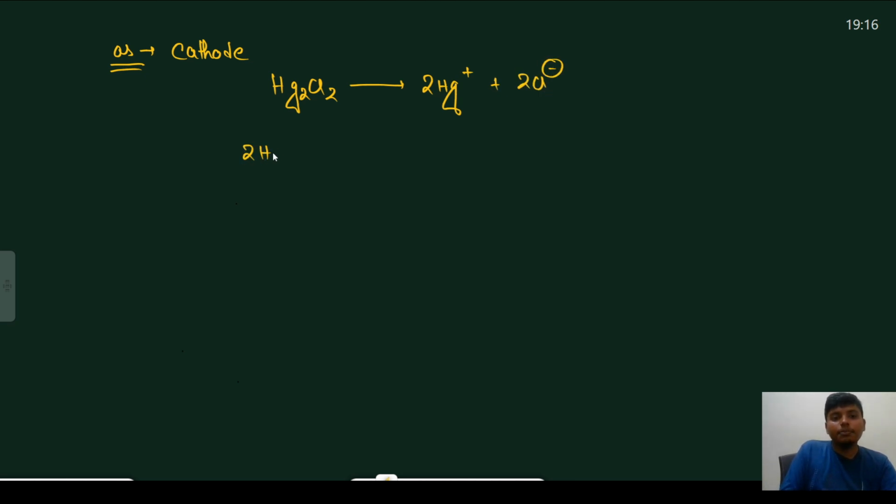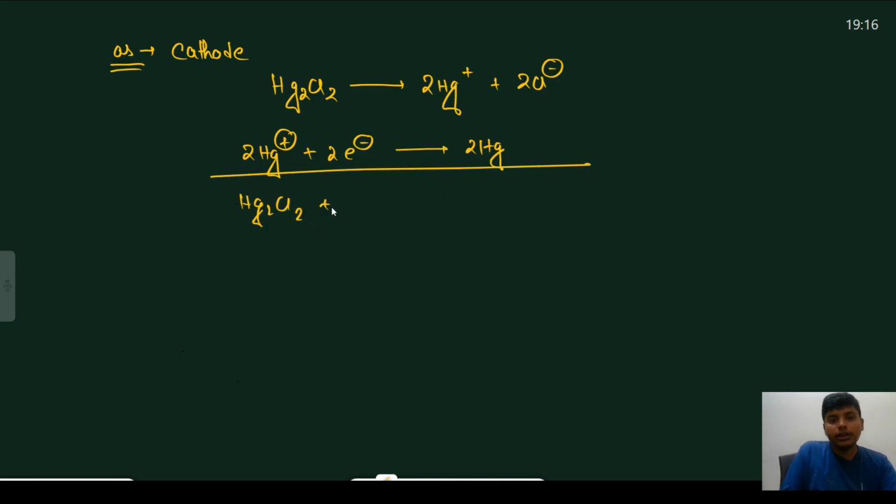Then the 2 Hg plus will gain 2 electrons and become 2 Hg. So the final equation is Hg2Cl2 plus 2 electrons giving 2 Hg plus 2 Cl minus.